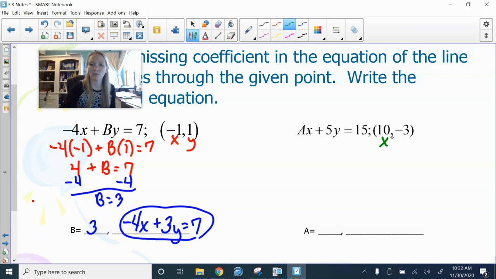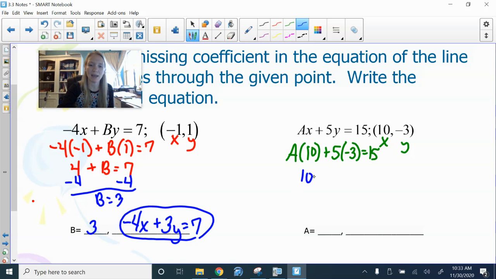So same thing here on this one. Our x is 10 and our y is -3. We're going to try and figure out what that number should be in front of a. So I have a times x, so x is 10, plus 5 times y is -3, equals 15. So this time we actually have something. We have an a times 10, or a 10a. 5 times negative 3 would be a minus 15, equals 15.